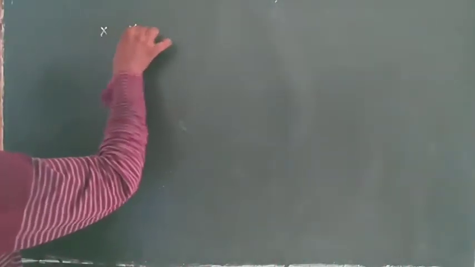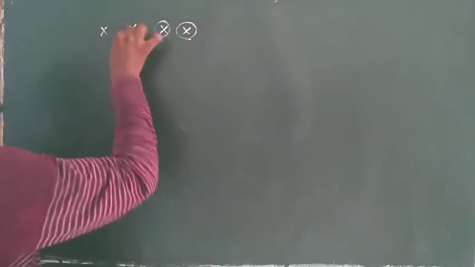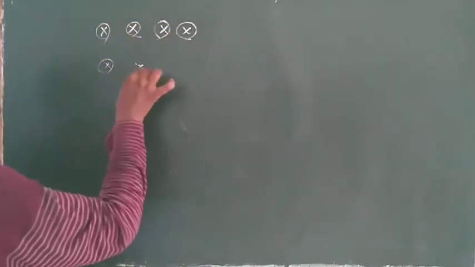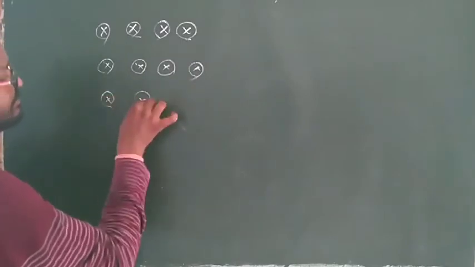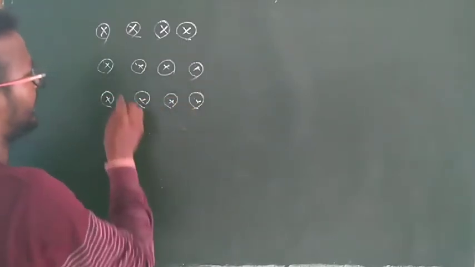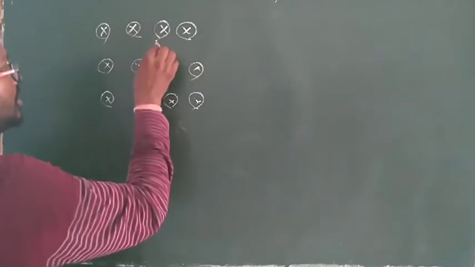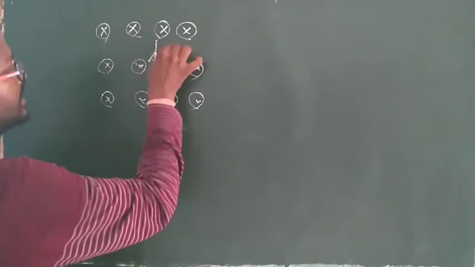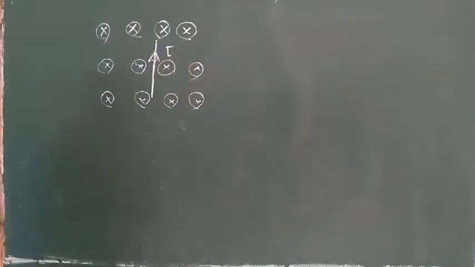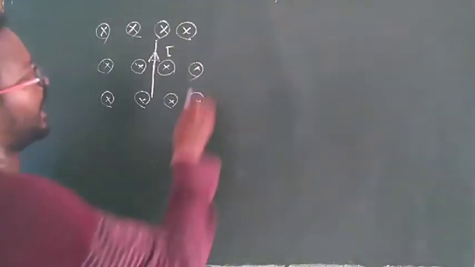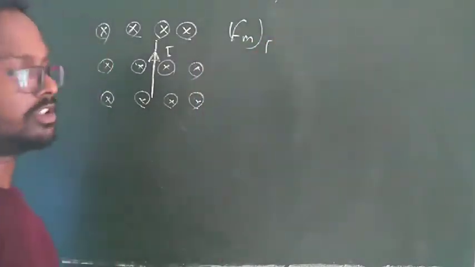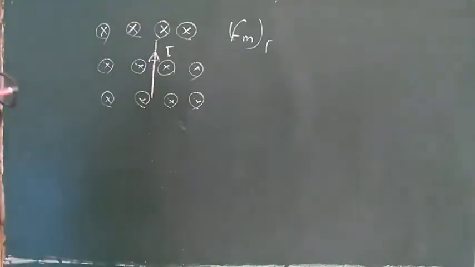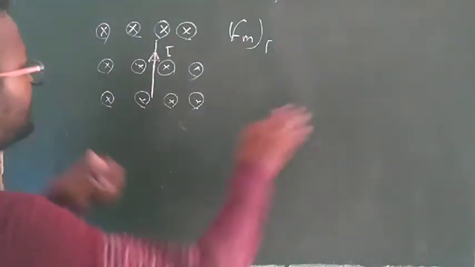If we take one example, suppose this is the direction of the uniform magnetic field B, and there is a current carrying conductor and current flowing through it in this direction. Clear? Now you have to find the direction of the magnetic force, Fm total, experienced by this conductor. So here you have to use the right hand palm rule.